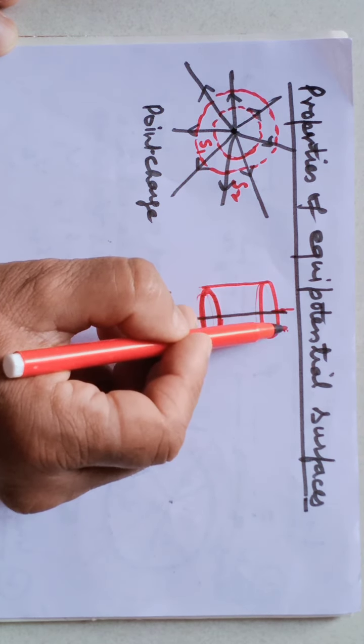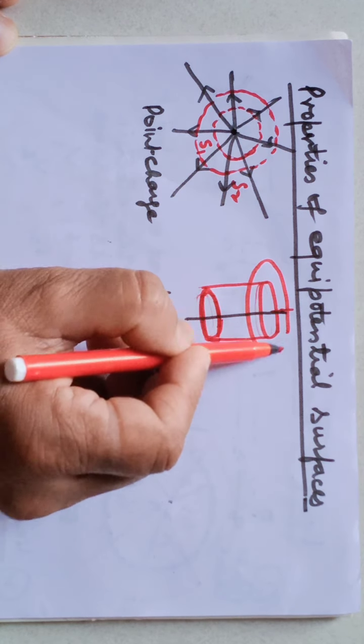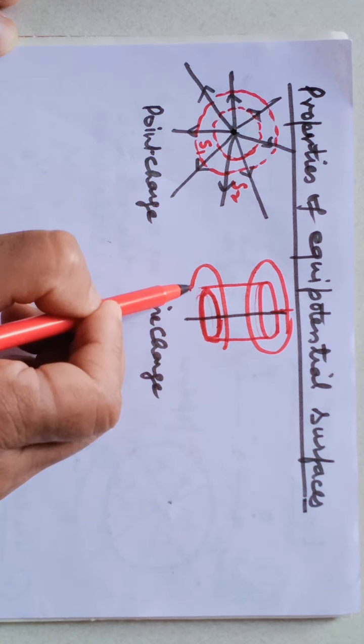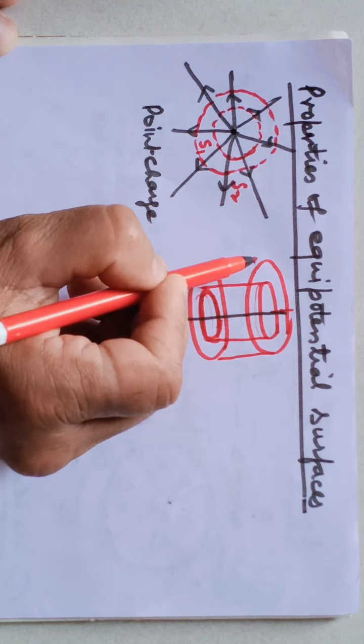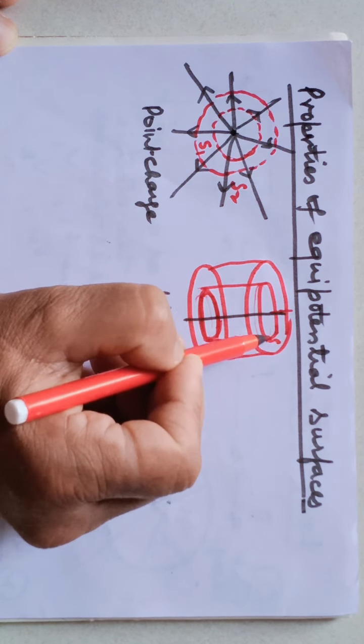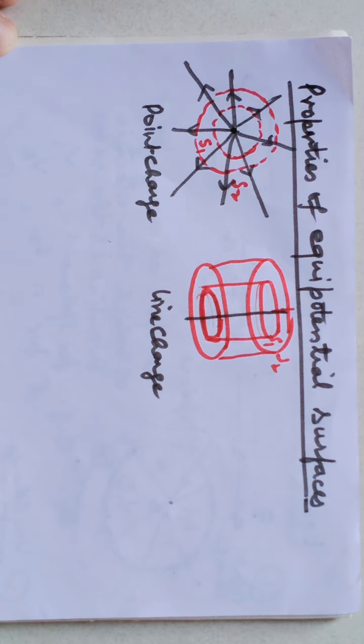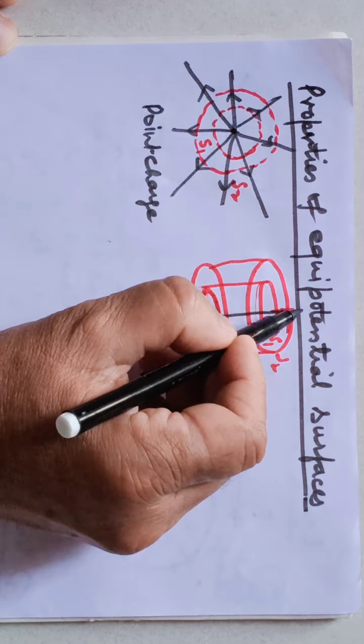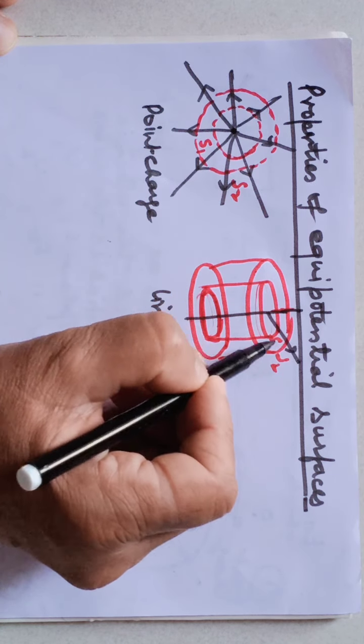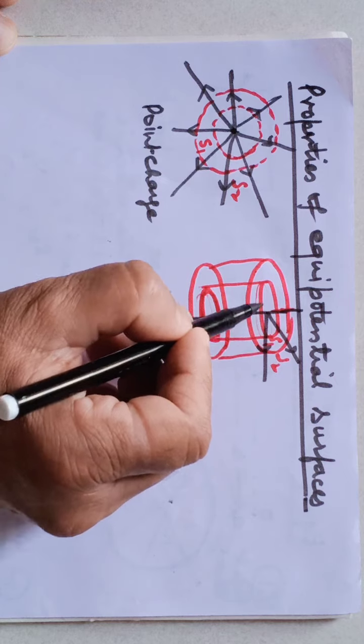Let us take another cylindrical surface. So these are the two cylindrical surfaces, S1 and S2. And recall that the electric lines of forces are radially outward.